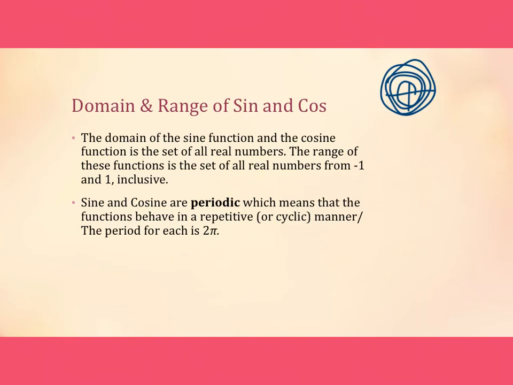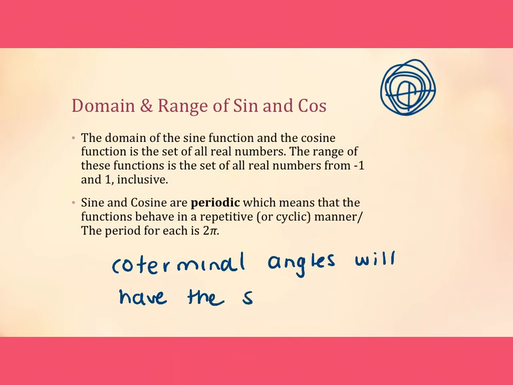Sine and cosine are periodic, which means that the functions behave in a repetitive or cyclic manner. The period for each is 2 pi, which means every coterminal angle will have the same values for their trig functions.